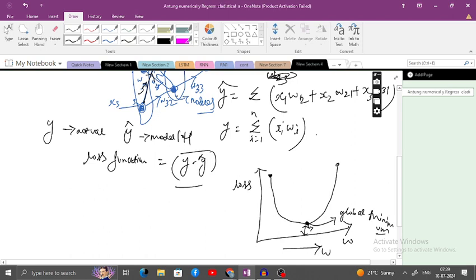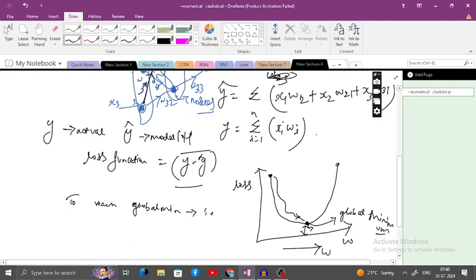You deploy some deep learning model, you are here, and you want to reach here, to this global minima. What do I have to do to reach the global minima?